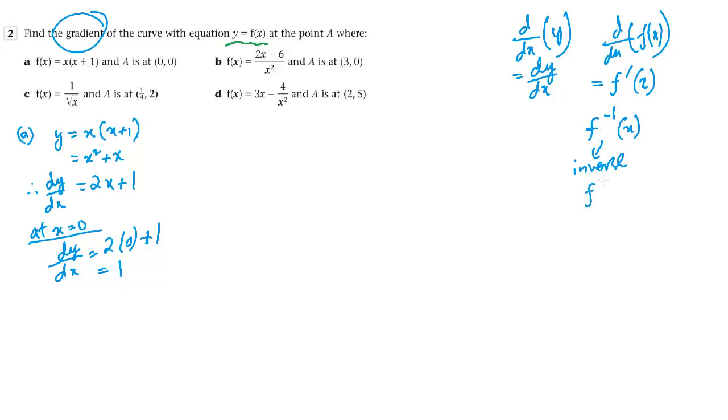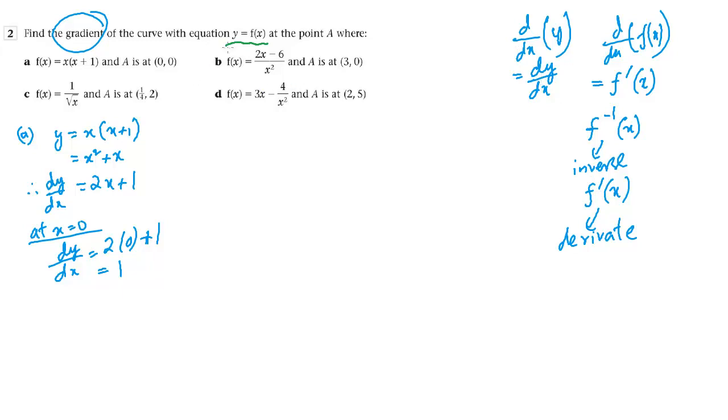But when we write f with a little dash over here, we call it the derivative or the first derivative of f(x). So it is very important to remember f prime x and f inverse x are very, very different. f prime x, on the other hand, is the same as dy by dx.